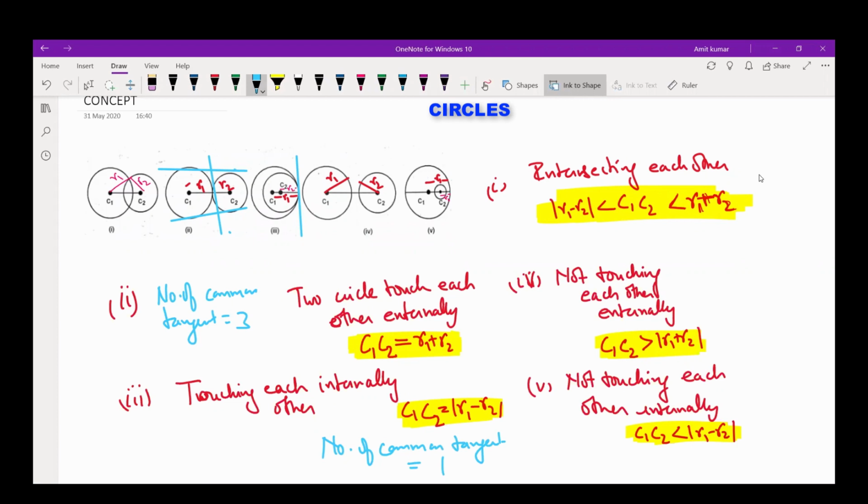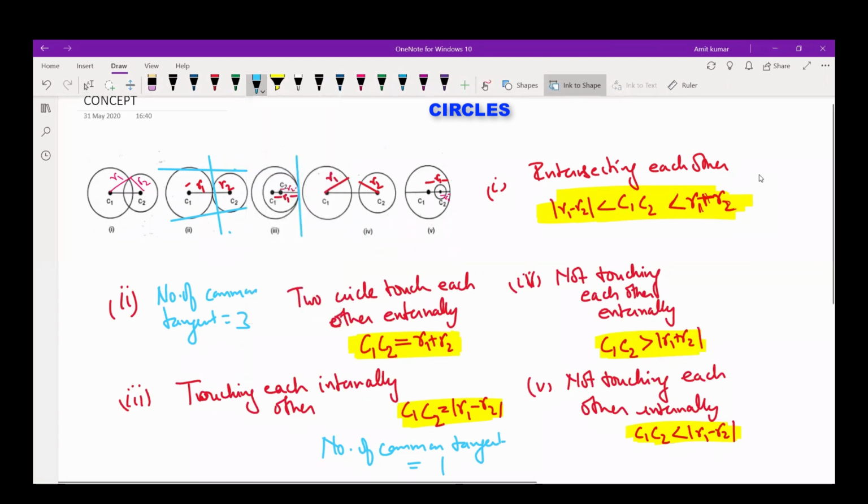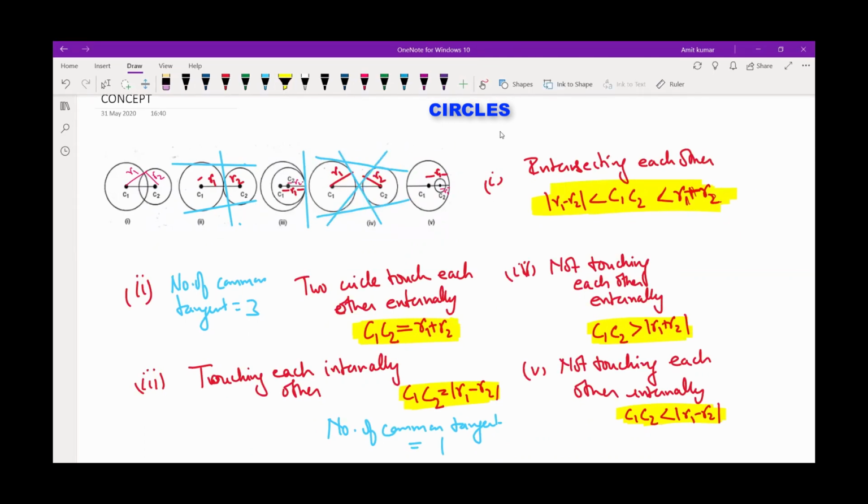In the fourth case, when two circles are not touching each other externally, we can draw 4 common tangents. So when two circles are not touching each other externally, the number of common tangents is 4.